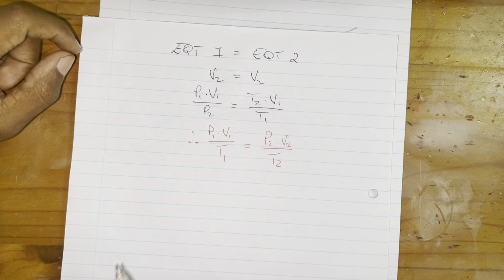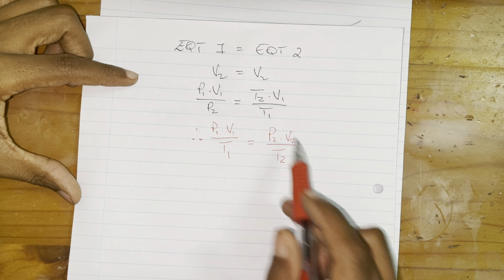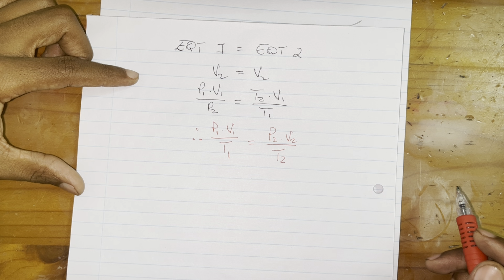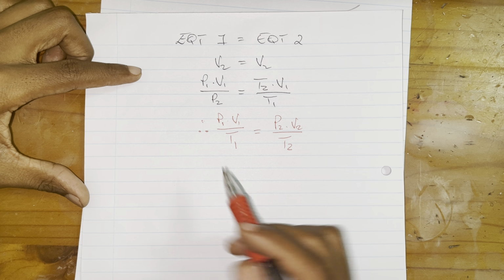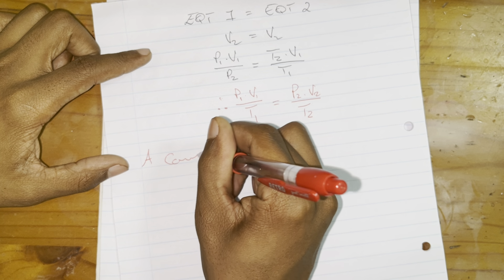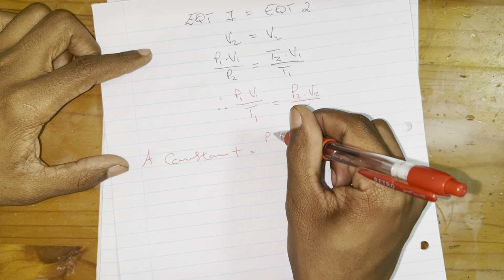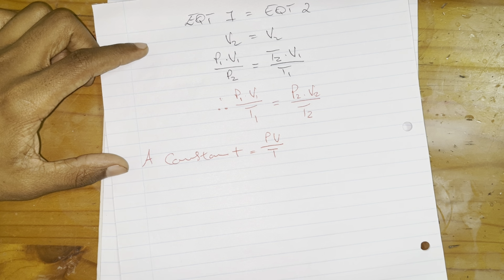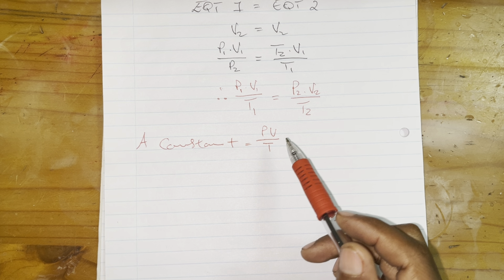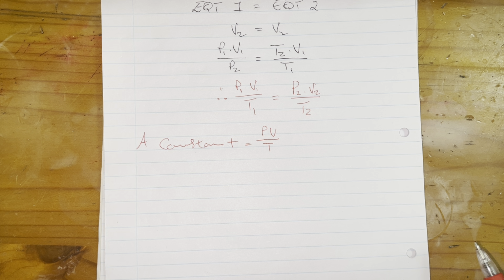The reason for that, or the mathematical significance of that, is when we get it in this form, then we can actually say, simply meaning we can refer to the PVT relationship as a type of constant.